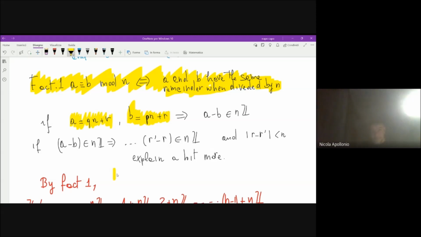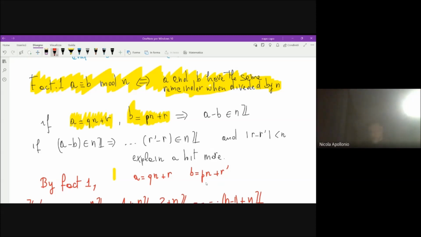So we have to write these two representations. And this time we want to prove that R and R prime are the same number.